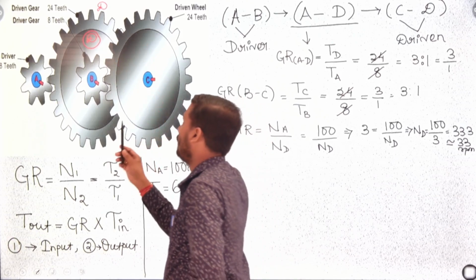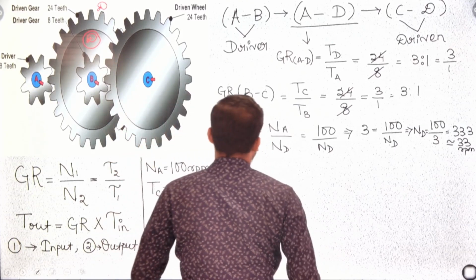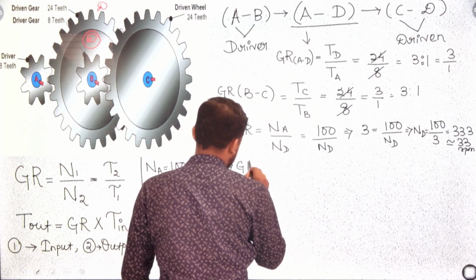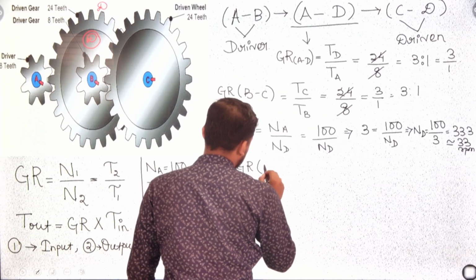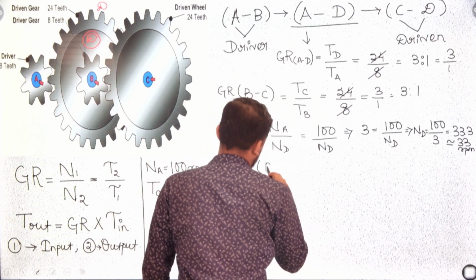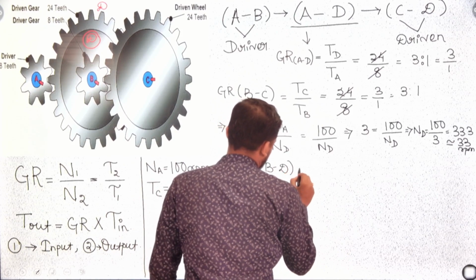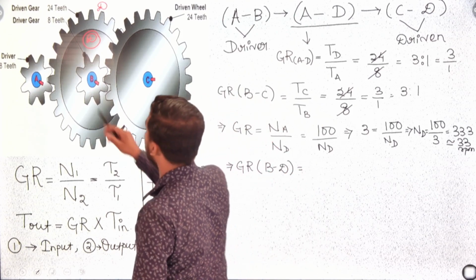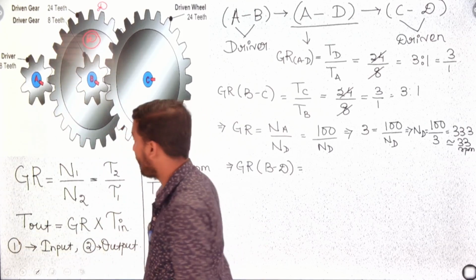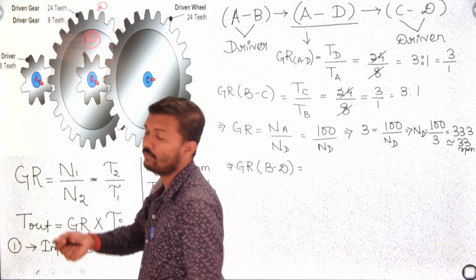So in B and D, if you go for gear ratio, another gear ratio between this B and this D. In this case, we already know B is a driver and D is a driven. That means D is the output and B is the input.